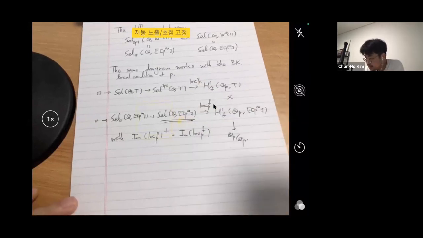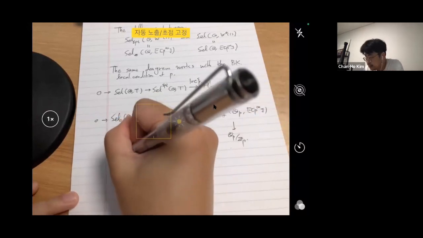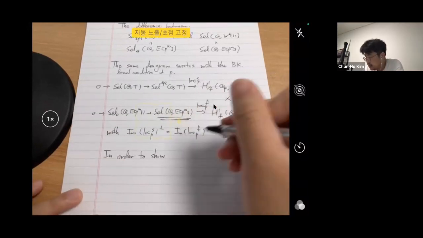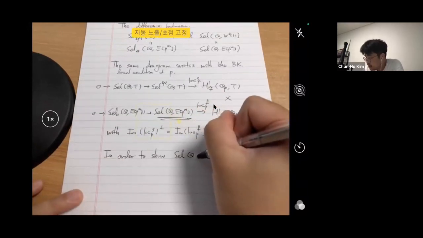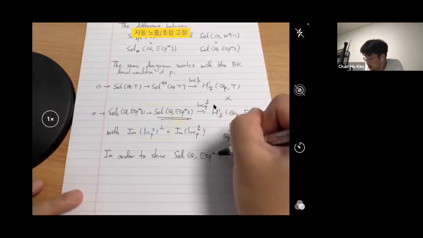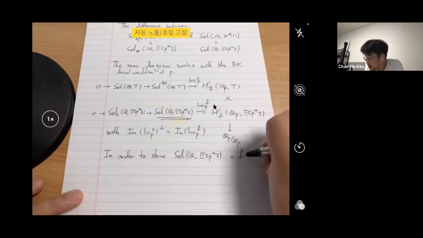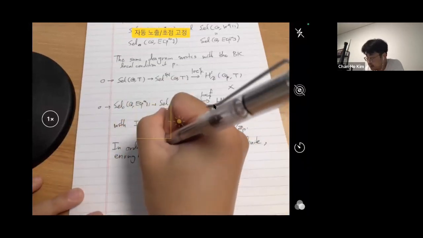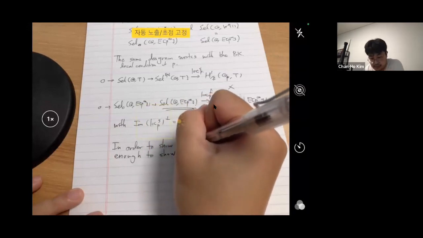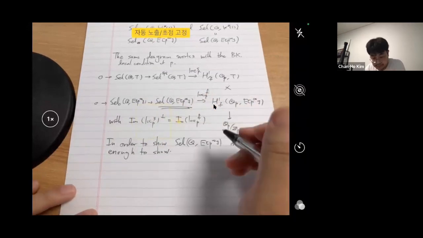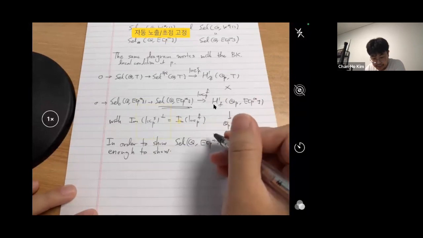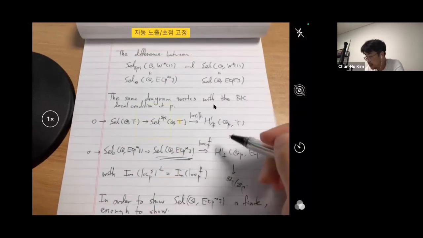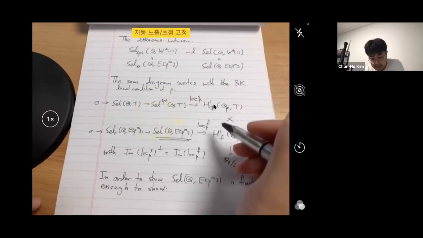So in order to show Sel(Q, E[P^∞]) is finite, it is enough to show the following. So to look at it now, I will invert P in the first line.